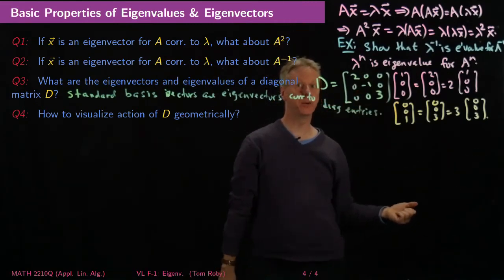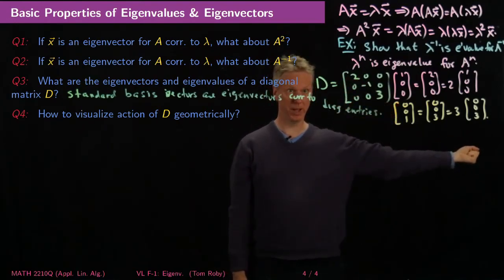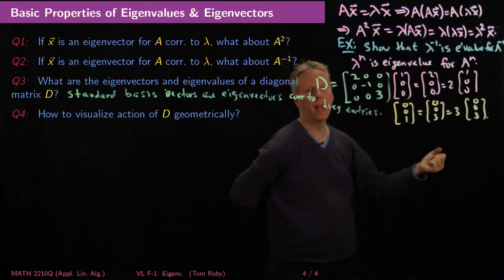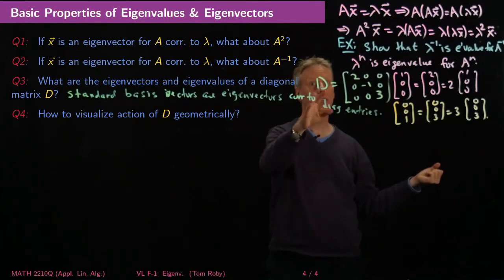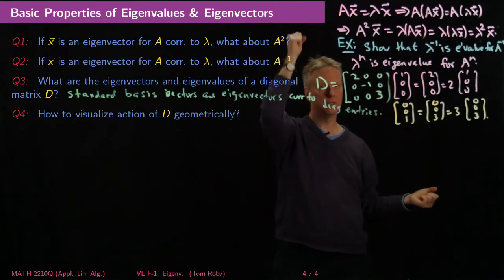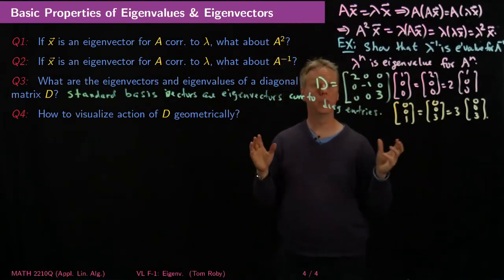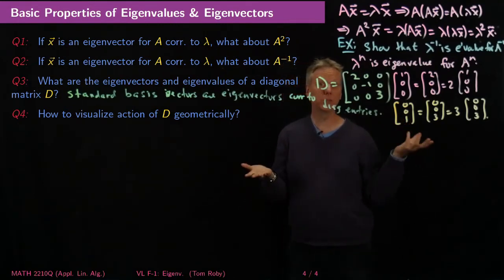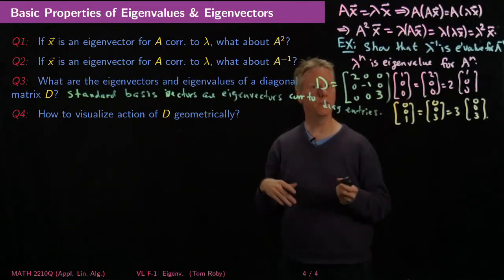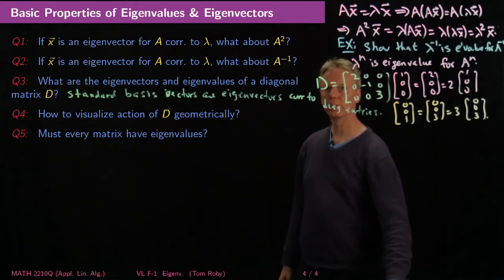In this case, we have to think in 3 dimensions: it's stretching in the x direction by 2, and in the y direction it's pointing back by -1, so it's reflecting. And the 3 going up takes the standard basis vector and makes it 3 times as big. So that's the way you think about stretching and shrinking for the diagonal matrix, but it's exactly what happens with any eigenvector, just pointing in different directions.